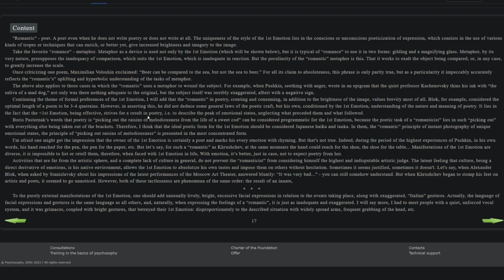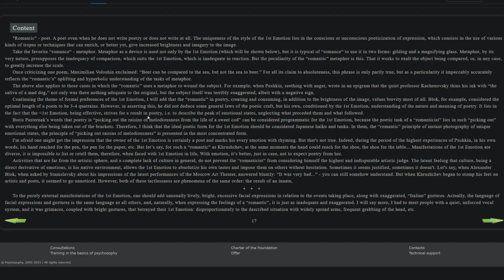So, once criticizing one poem, Maximilian Voloshin exclaimed, "Beer can be compared to the sea, but not the sea to beer." For all its claim to absoluteness, this phrase is only partly true, but as a particularity, it impeccably accurately reflects the Romantic's uplifting and hyperbolic understanding of the task of metaphor.